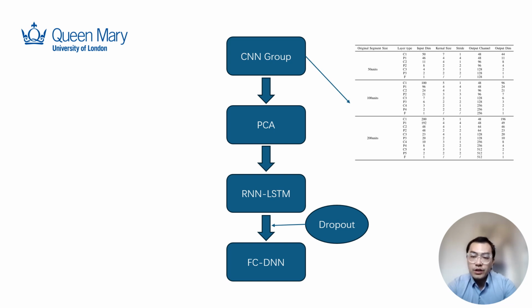Then a PCA stage will work as a feature number reductor, where it will reduce the number of features and get rid of the redundant information so that the next layer can get a clear input. Then we use a recurrent neural network layer.